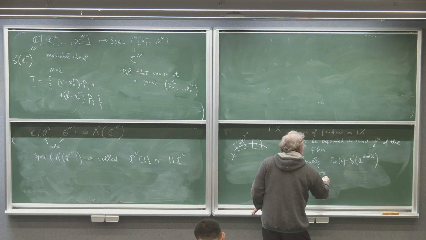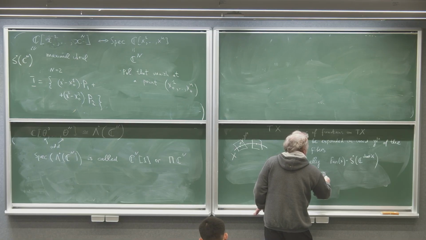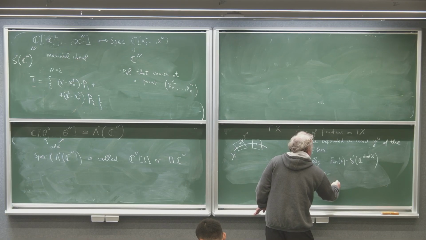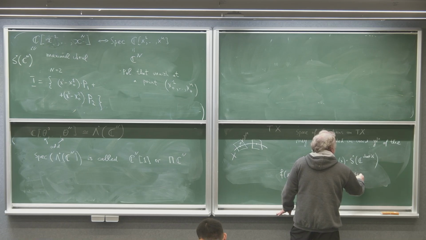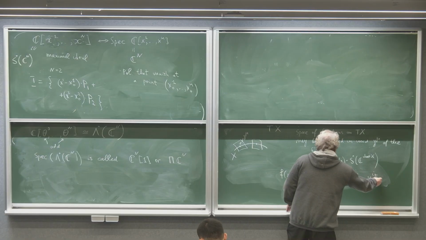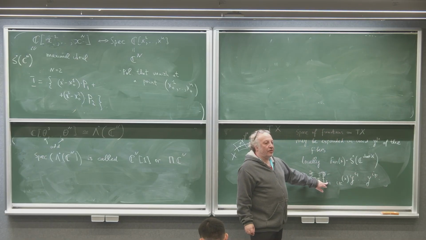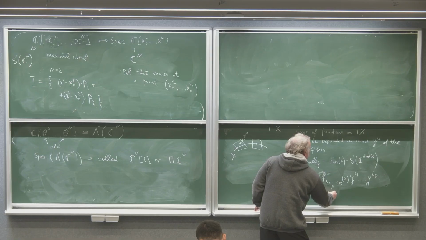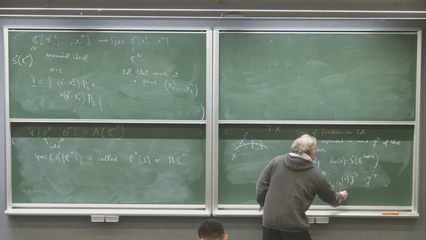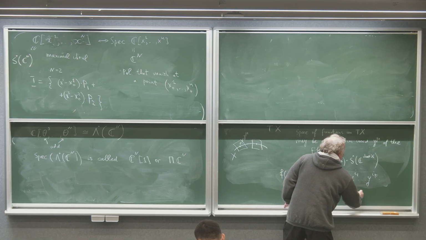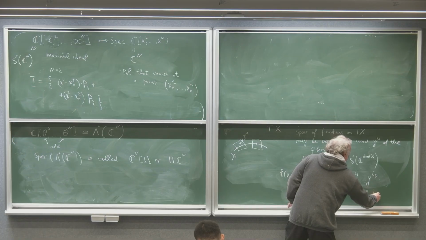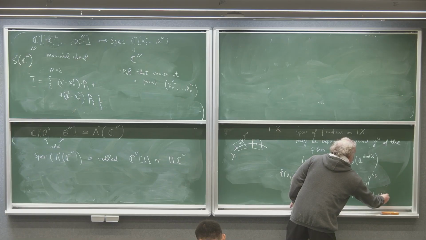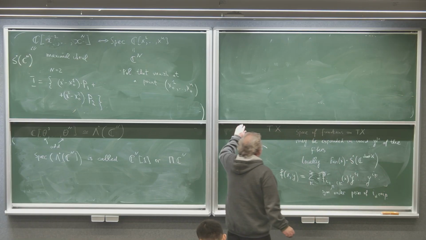Okay, so here I have this Feynman rule, sorry, Einstein rule. And these coefficients f are symmetric under permutation of the indices.